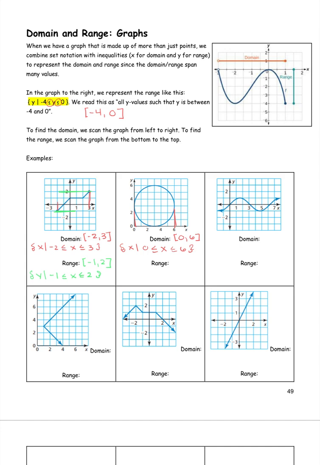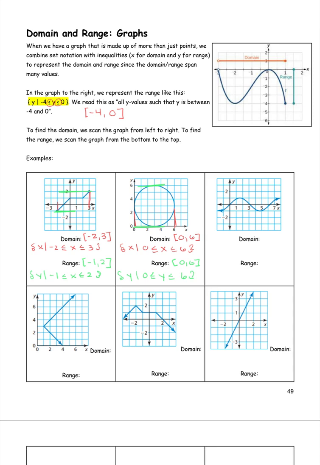Then our range, again, we're going to start here. Our range starts at 0 and ends at 6. So we have 0 to 6 for our range. Using our notation, y, 0 less than or equal to y less than or equal to 6.